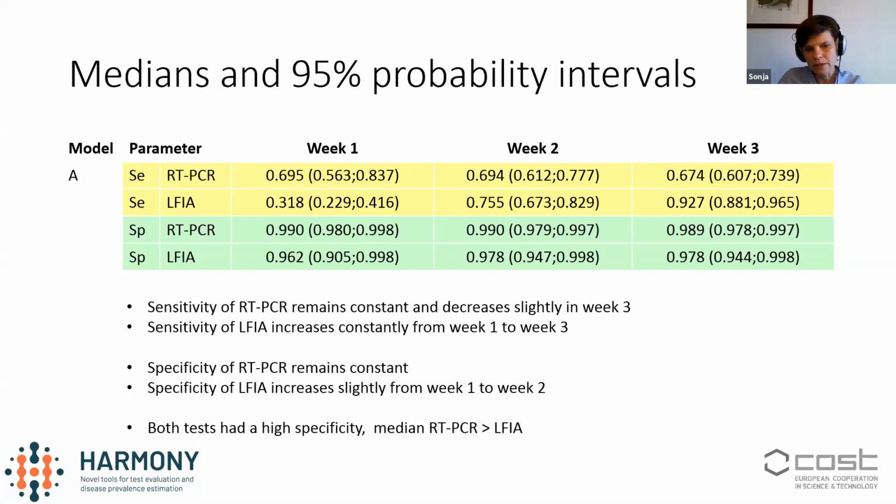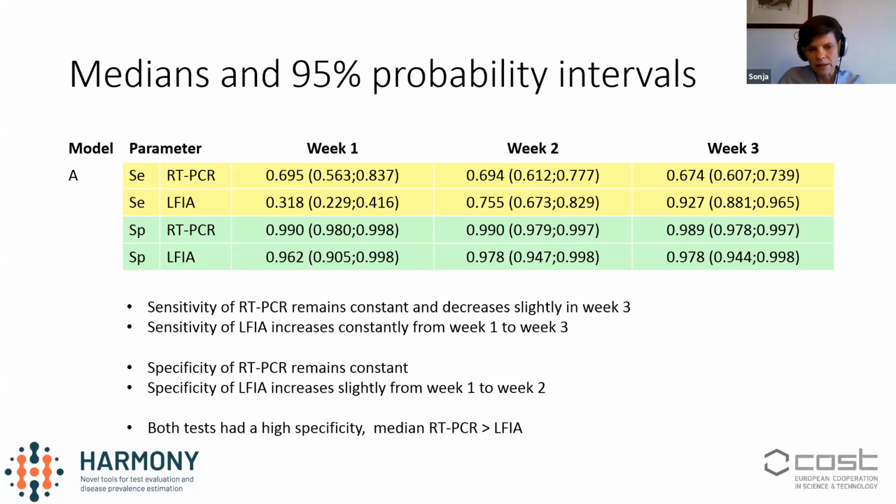In contrast, the sensitivity of the immunoassay starts relatively low. I mean, it's just the first week after the onset of the symptoms, close to 30%, but then decreases into the second week and also when it goes to the third week.